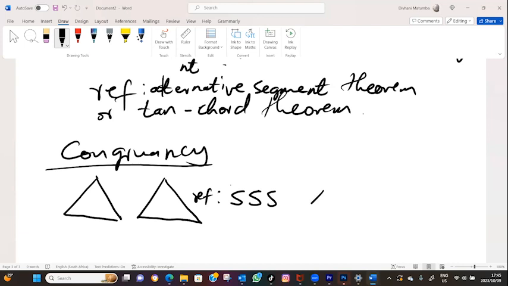Or if you have proved that all the angles are the same, and at least one of their sides equal, then you've proved congruency.